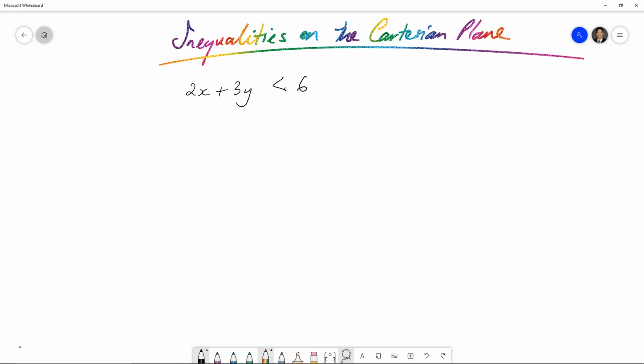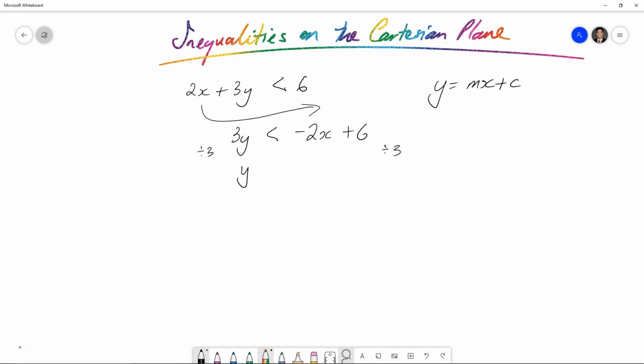And for convenience's sake, I'm going to rearrange this so we follow the linear equation rule, y equals mx plus c. So I'm going to move the 2x to the right hand side, so 3y is less than negative 2x plus 6, and then divide both sides by 3.